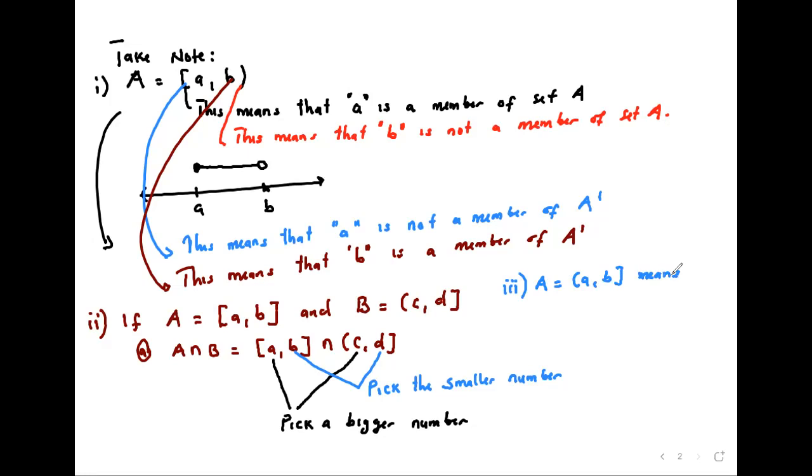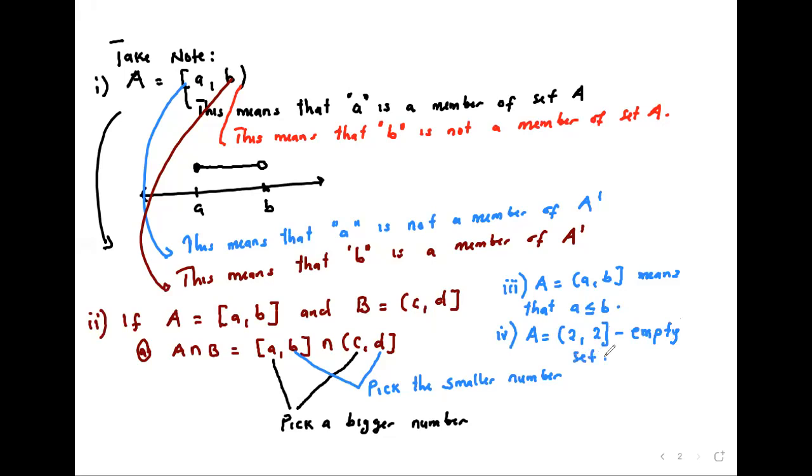It means that A is always less than or equal to B. So the interval only makes sense if A is less than or equal to B. So in part 4, if A is equal to 2, 2, this is an empty set.